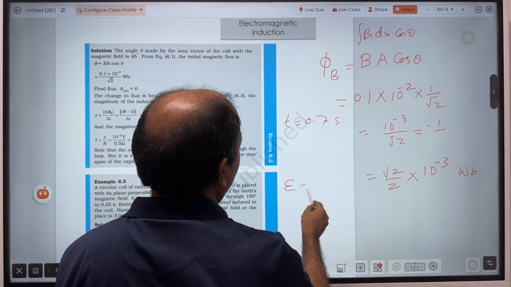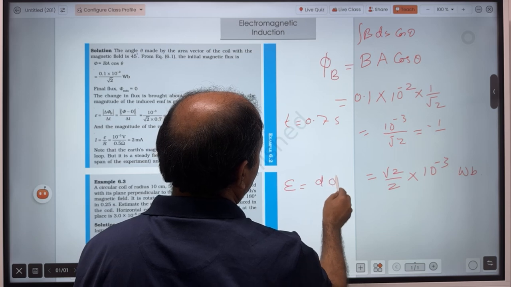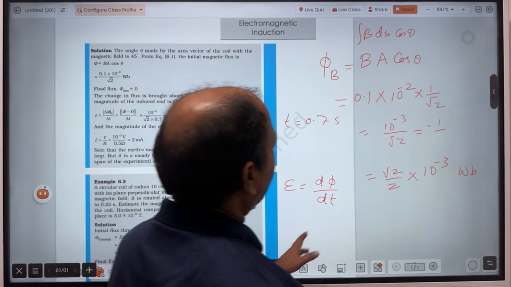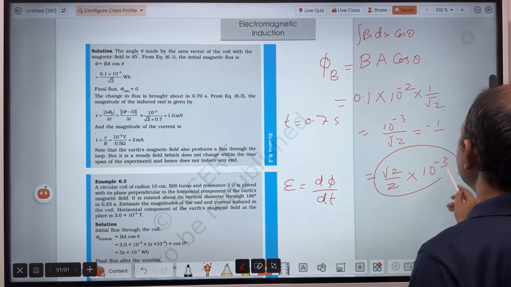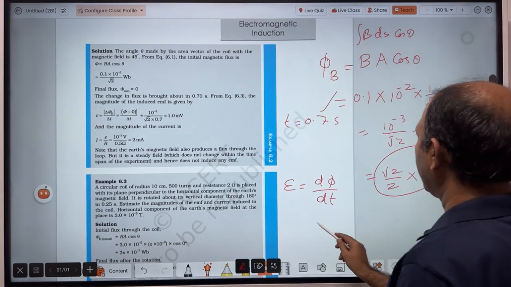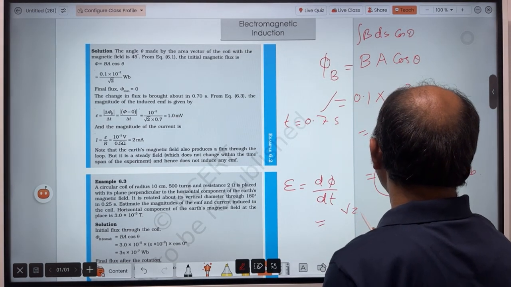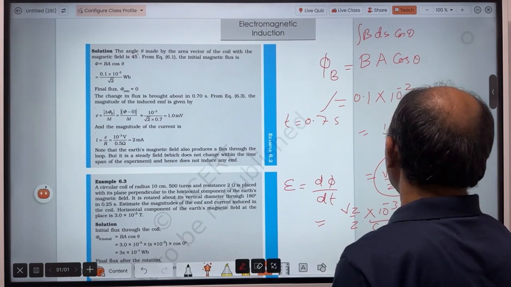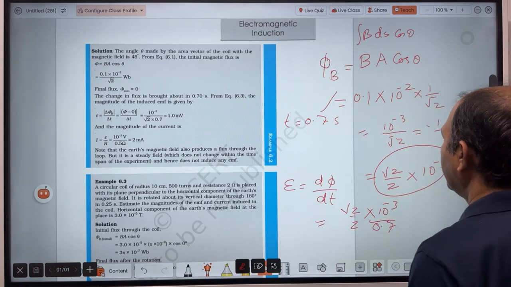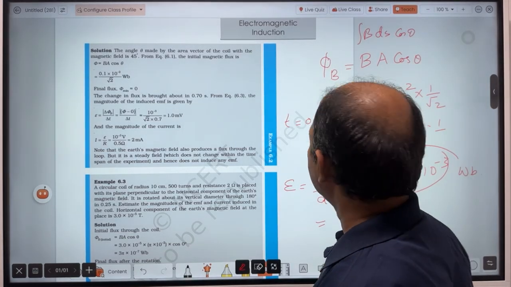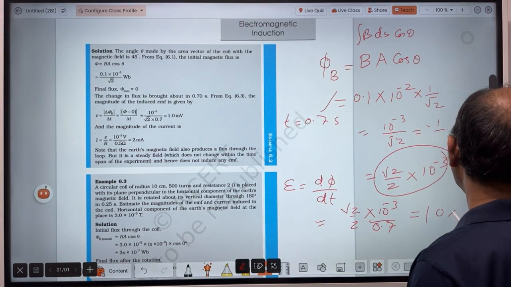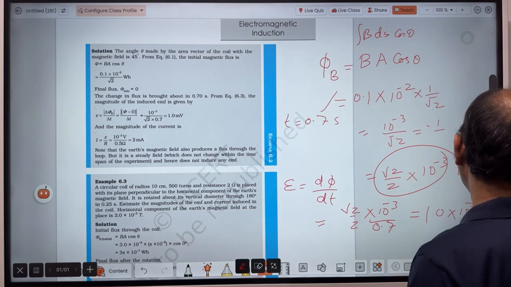So it's simple, E equal to minus d phi by dt, but let's write its magnitude only. So here the change in flux will be this much, time is this much, we can put the values. So root 2 upon 2 into 10 power minus 3 divided by the time 0.7. So we can evaluate it. This will become 1.0 into 10 to the power minus 3 volt.